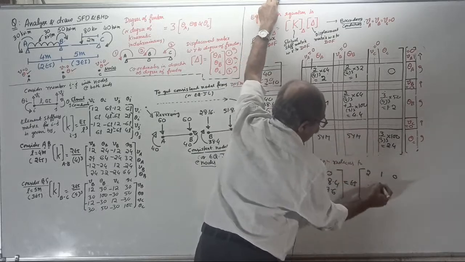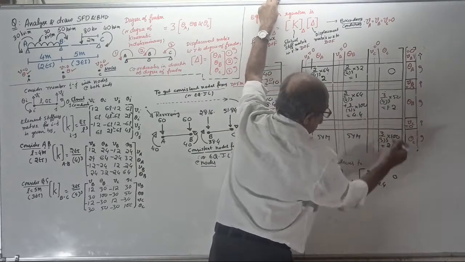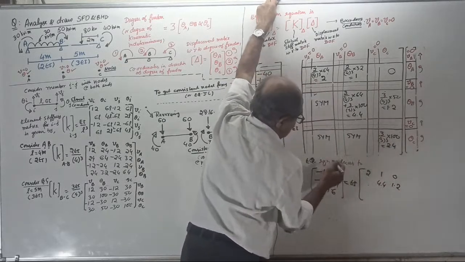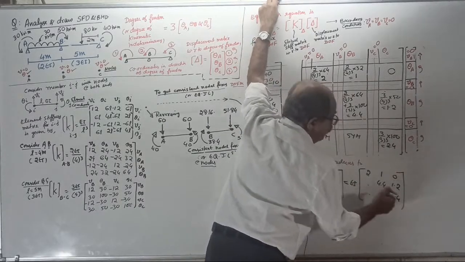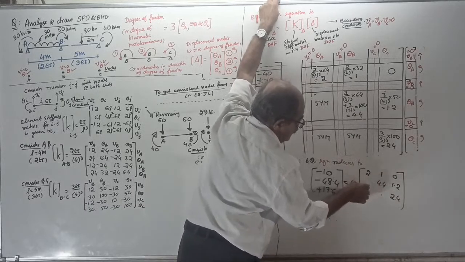Leave it. 4.4, 1.2, 2.4. But now you have to fill up by symmetry.